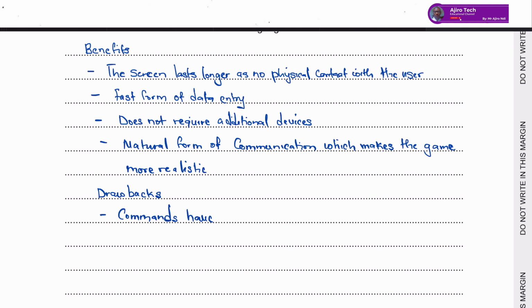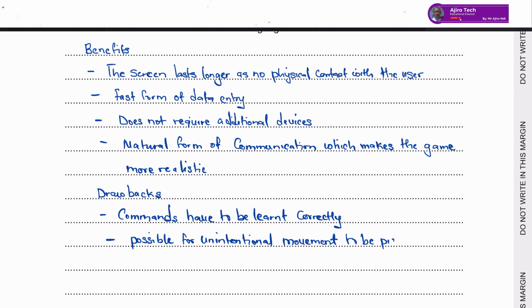So commands have to be learned correctly. It is possible for unintentional movements to be picked up.